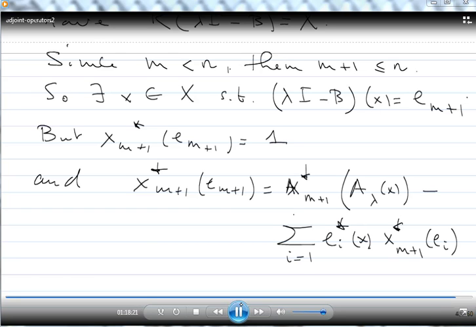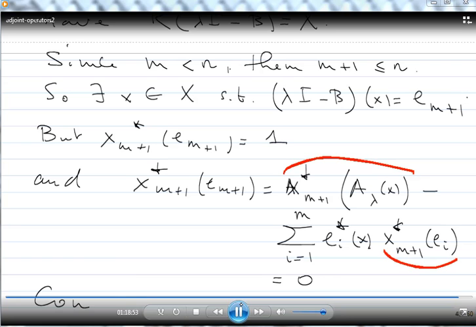Now this one, again, is equal to 0, because that's just A lambda star of xm star, and they span the null space of A star. And this one, by definition, they're all equal to 0, so we get that this is equal to 0. On one hand we have 1, on the other hand we have 0, so this tells us what? Contradiction.